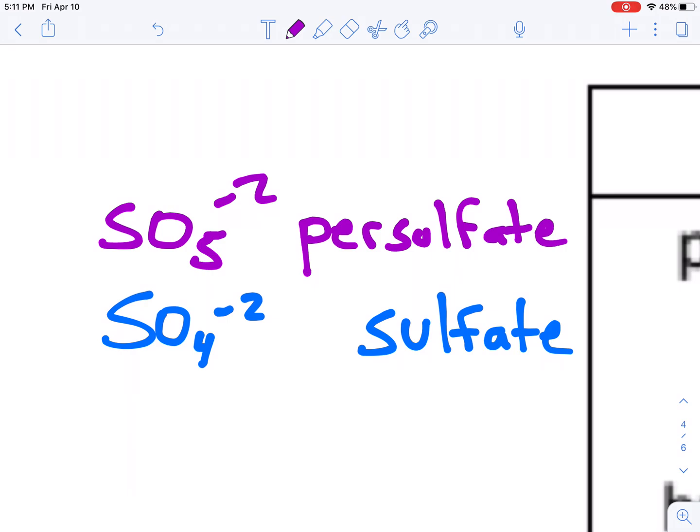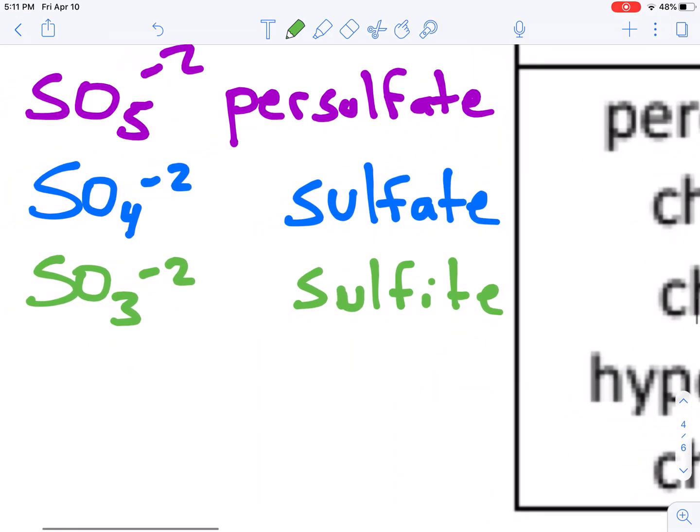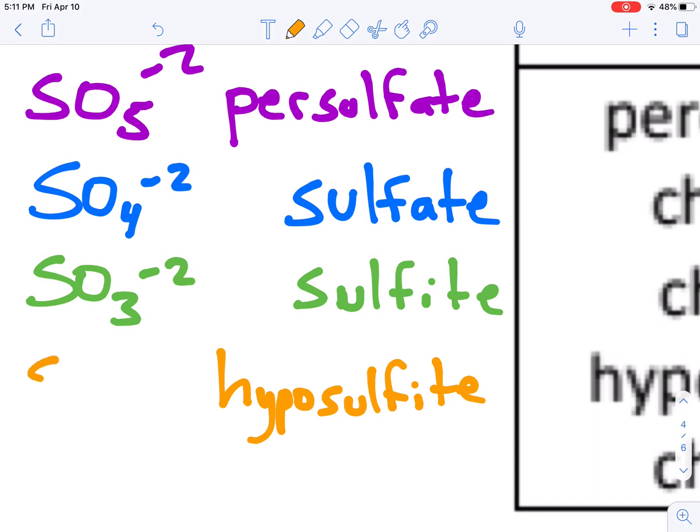Similarly, we can take away an oxygen, and we can still name that the same way. We can name it sulfite, ITE ending, and that's going to be SO3 -2. And we could also take away 2 oxygens, right? We could make hyposulfite, and that would become SO2 2-.